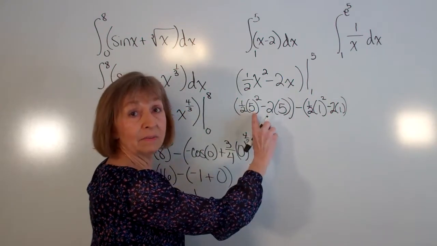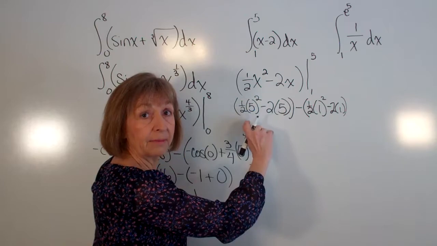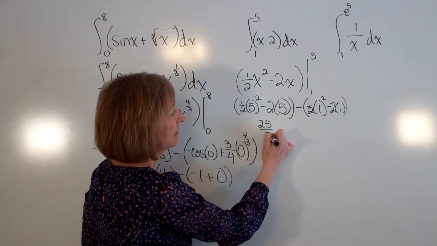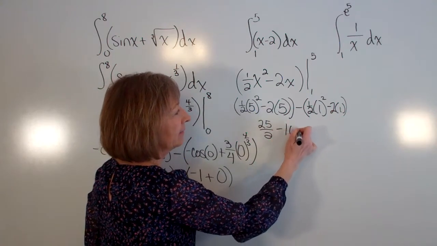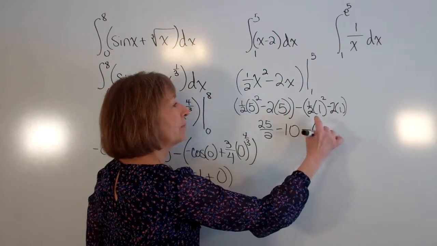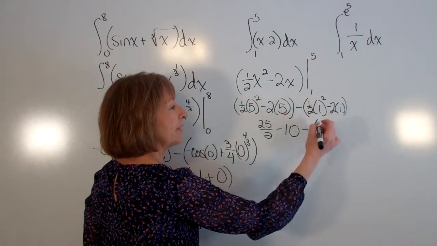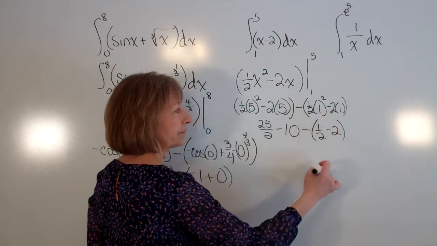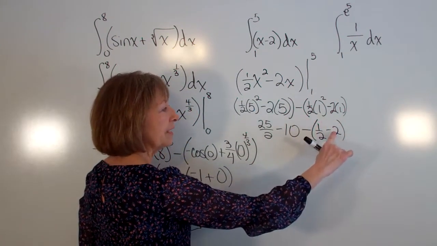So then this gives me 5 squared is 25 times a half is 25 halves minus 10, and then minus, in my parentheses, 1 squared is 1 times a half is 1/2, and then minus 2. Distribute the negative sign.